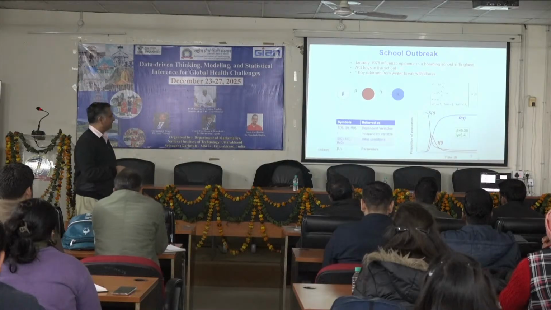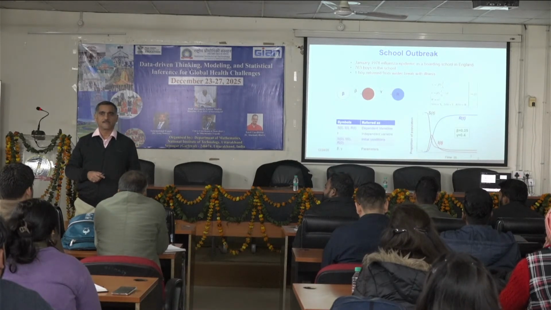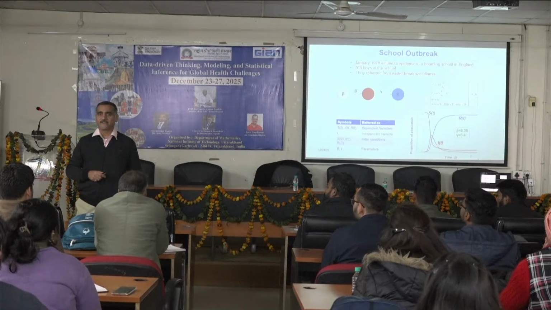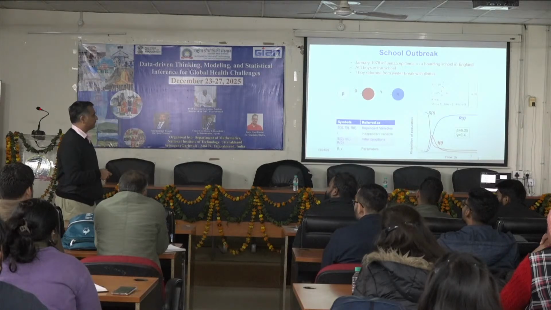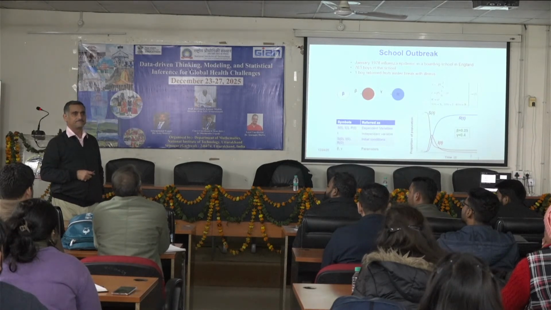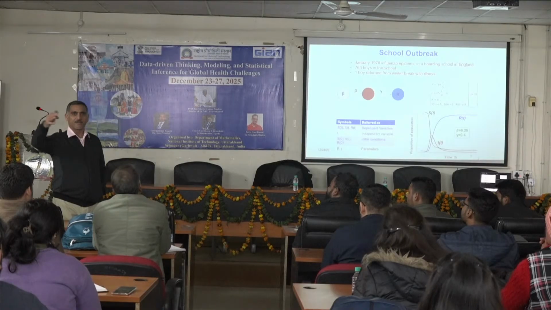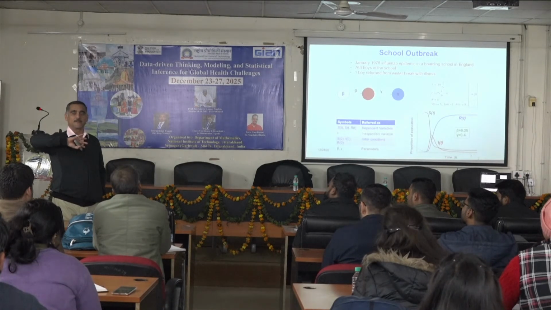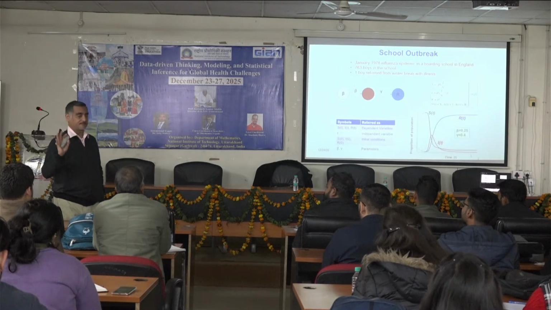Now, why did we use this outbreak? It's very difficult to get data for the model. Why? Because if you are modeling, let's say, a whole nation, there are people moving out of the nation, and they are coming into the nation also. So you have to model immigration and emigration also, which is very challenging, and it is very challenging to get the data on that.